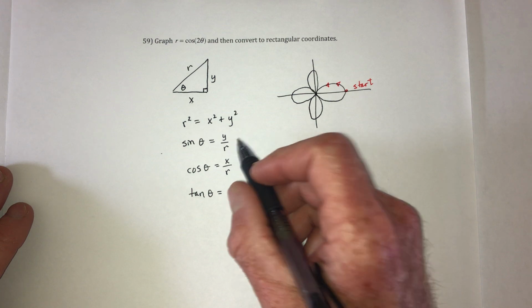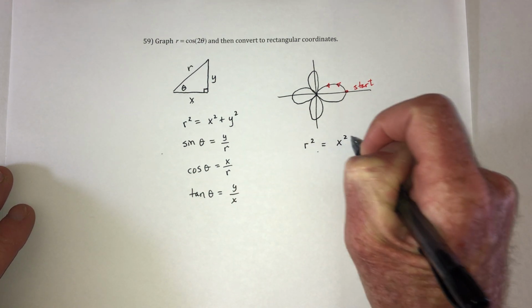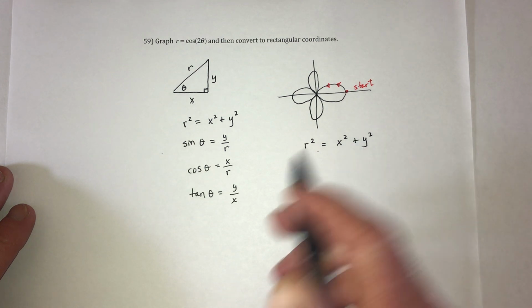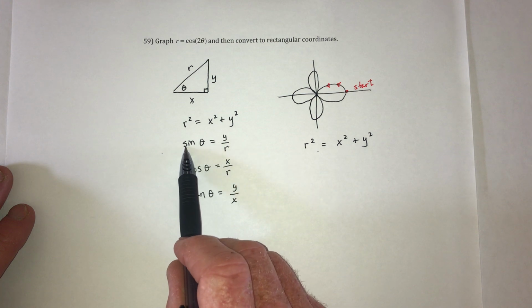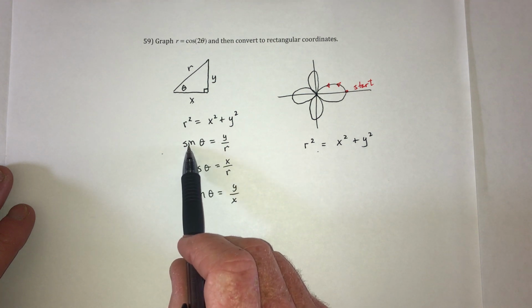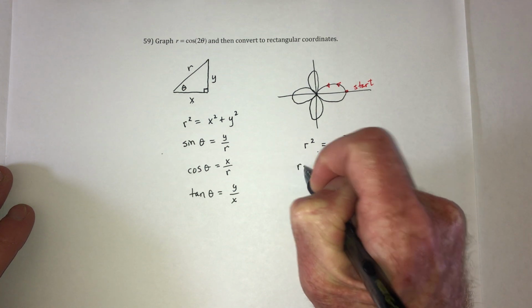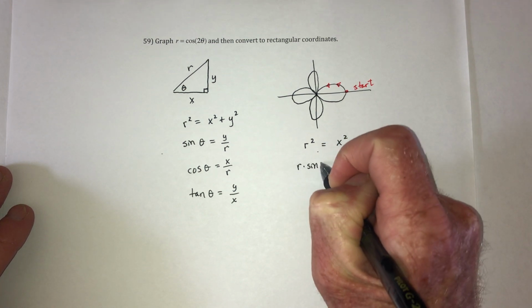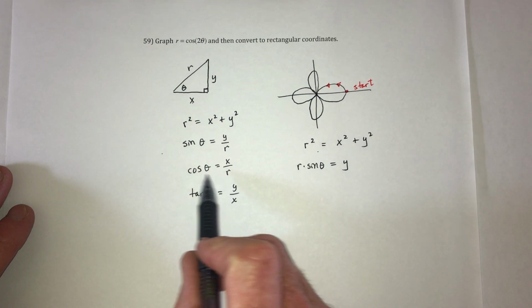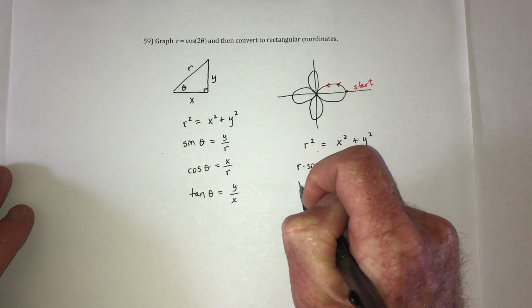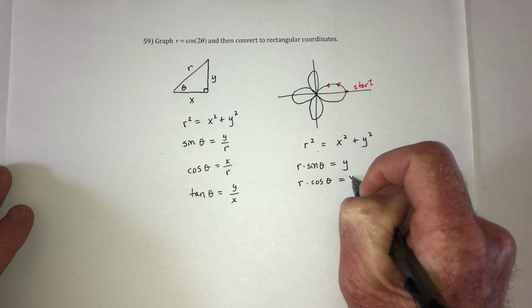Now usually these are arranged a little bit differently. The first one isn't. But this one you usually solve for y, so multiply both sides by r, and it's going to say r times sine of theta equals y. And this one would be r times cosine of theta equals x.